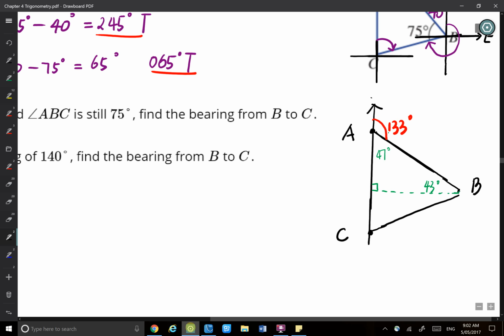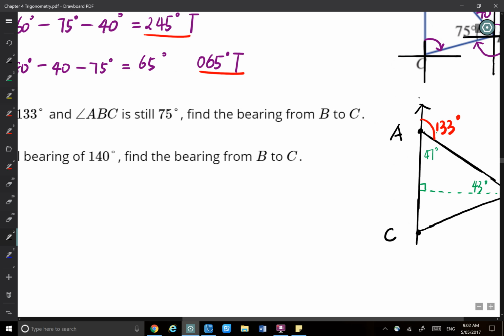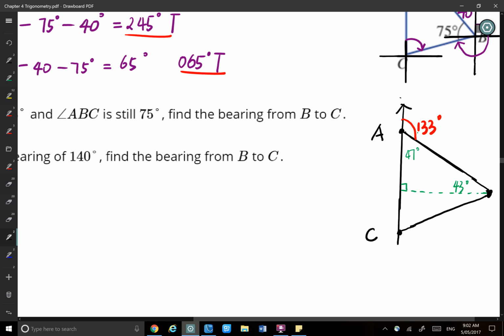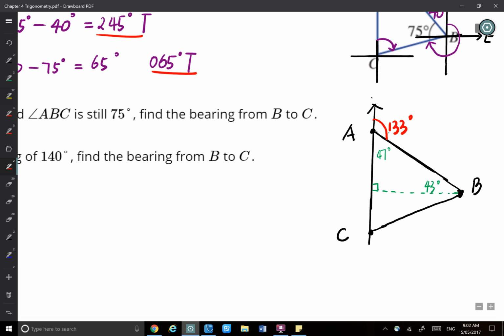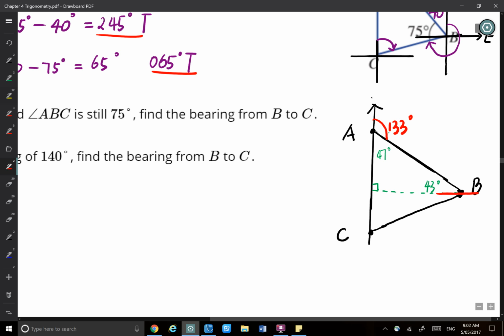That's B and C. What it's asking now is find the bearing from B to C. I'll draw that from B to C. I want to know this angle here.